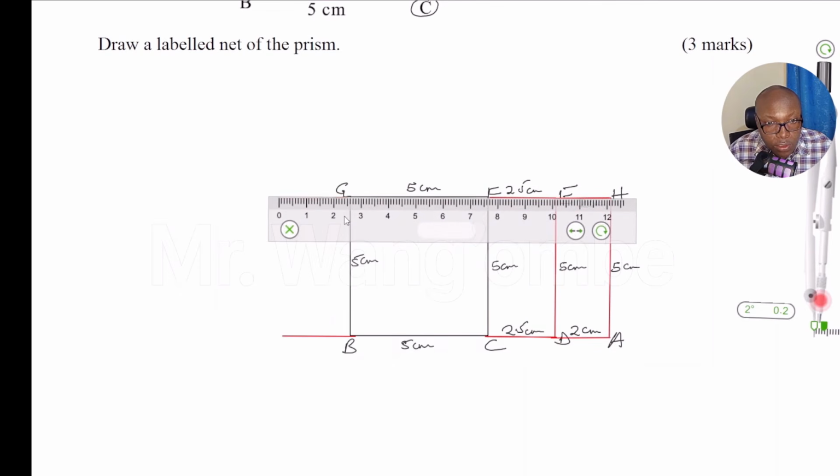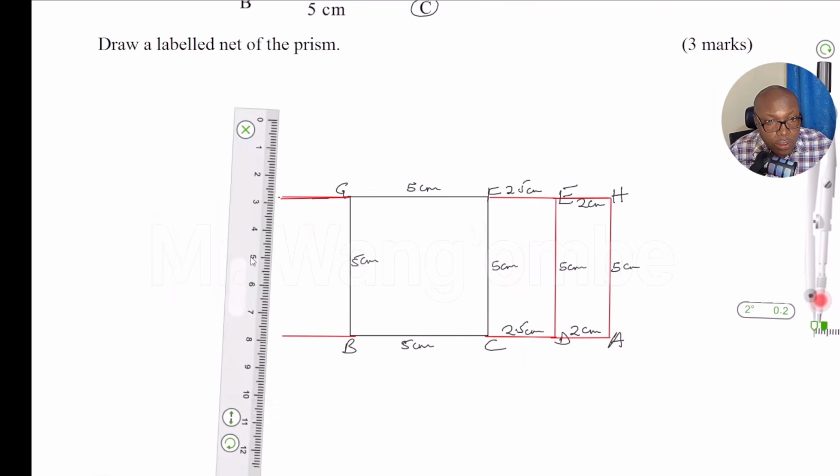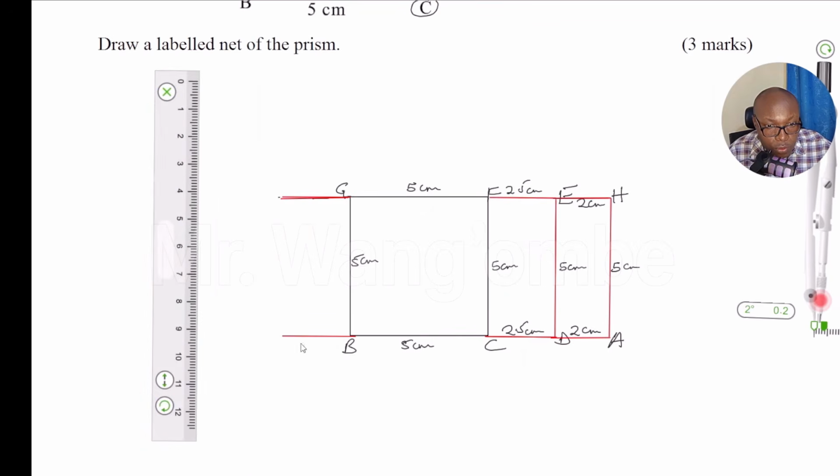I've noted it's not straight. That one was not straight. So 2.5 up that point. Then you join. So I have to redraw these. There is a side there that I have to repeat. Let me repeat this side again.